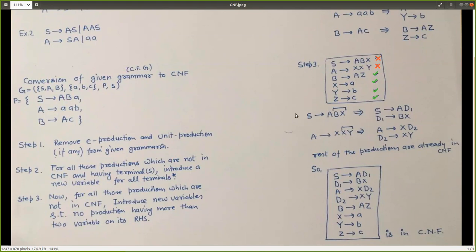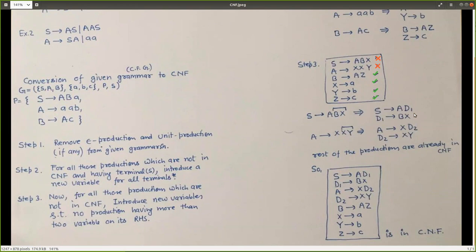The same way we treated this production, we would treat this production as well, because both are in the same format. There are three variables on the right hand side of this production as well. So instead of X Y, we would put a new variable, let's say D2. Now A produces X D2 and D2 produces X Y.